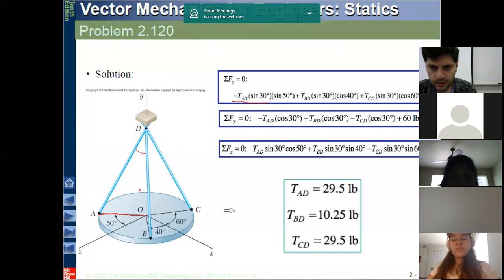Then if you multiply this OA by sine of 50, you would get the X component. And similarly for BD and DC.